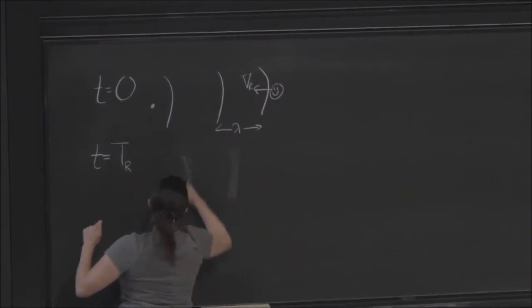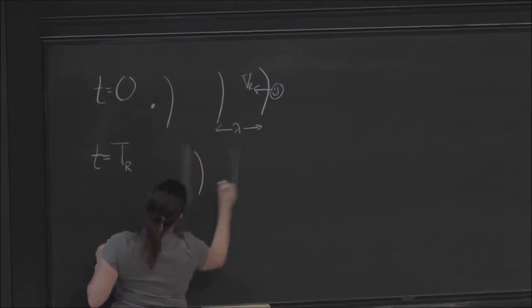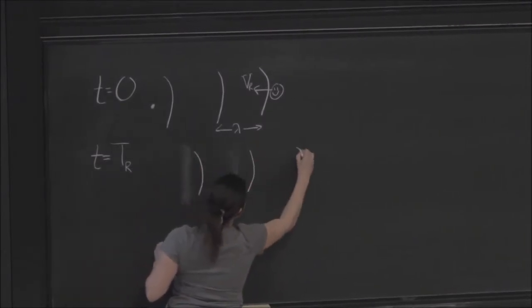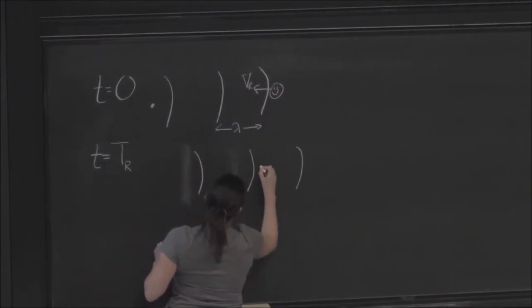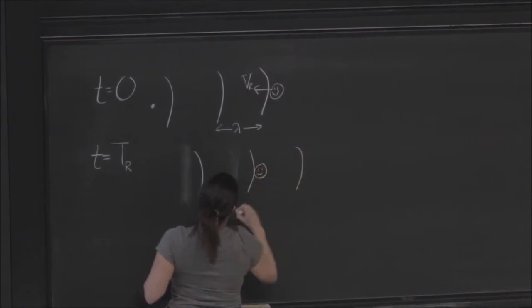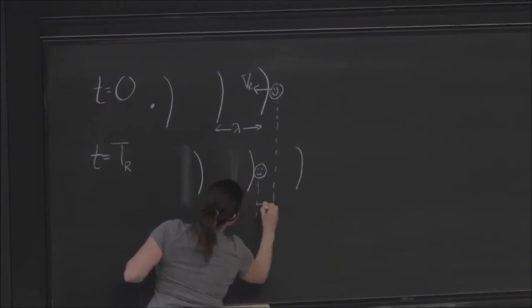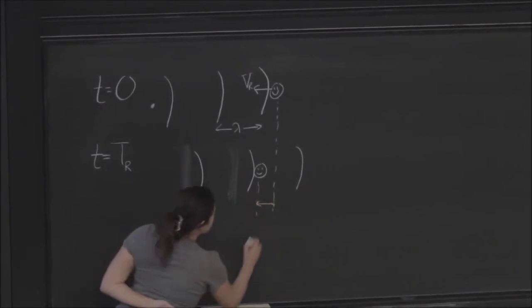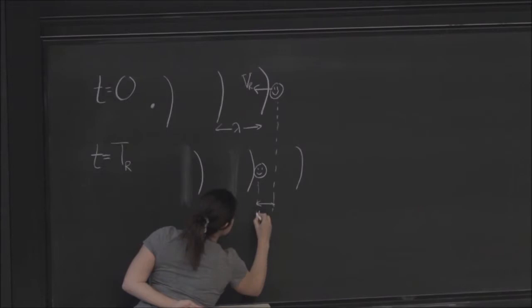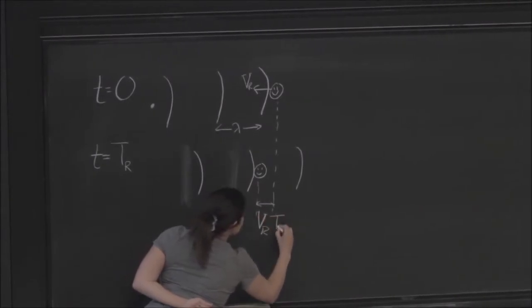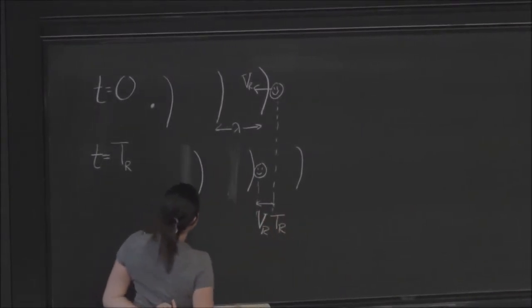Oops, sorry. That's going to be moving a little faster than our guy, so we'll move him this way. And now he has moved here, so he's right here. So the distance that our listener moved is how fast he's moving times the time that he traveled.